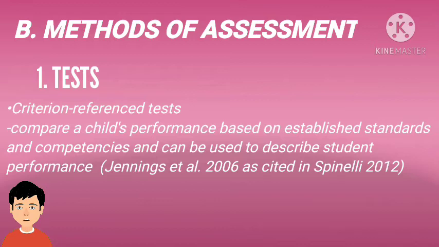In this type of test, scores are typically reported as simple numerical scores, percentage of correct responses, letter grades, or graphic score reports. Such assessment data are more useful and relevant as these provide specific skills a child has mastered and those that need additional instruction, according to Gargiulo 2012.